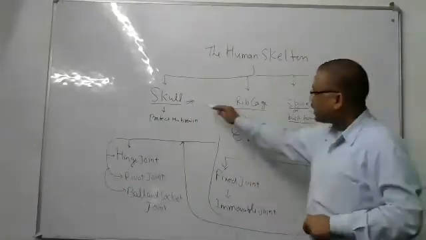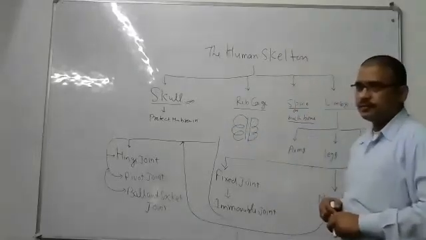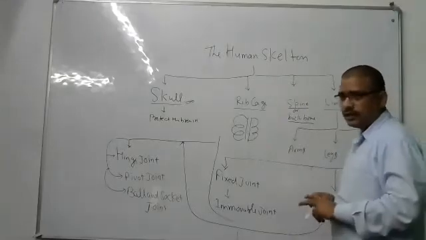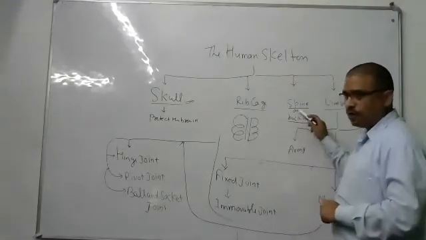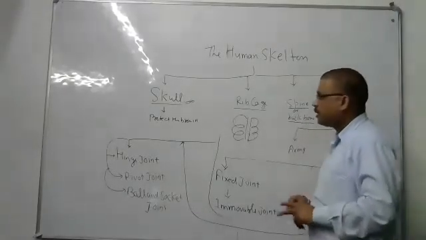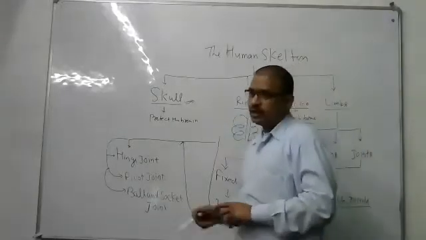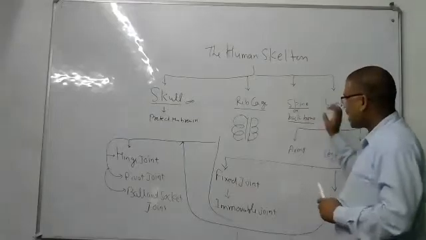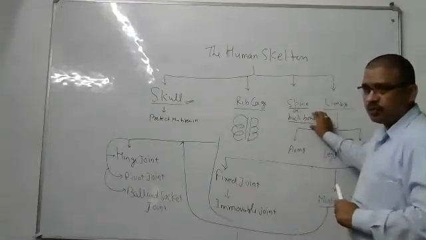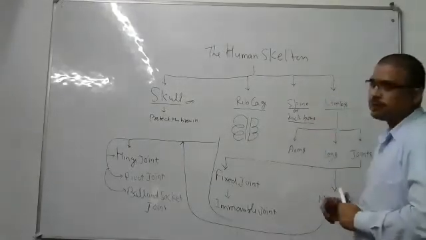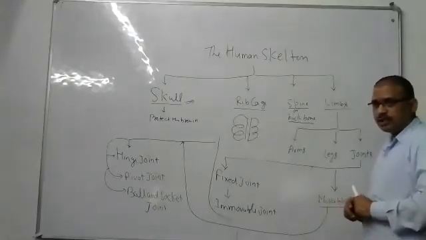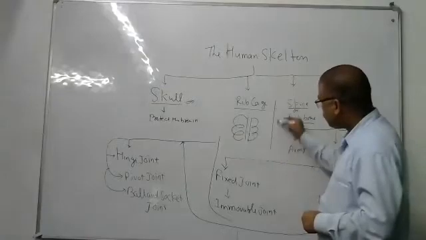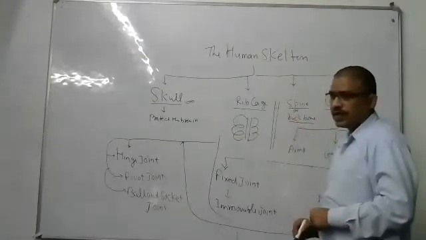If any problem takes place in the spine, that problem goes directly to the brain through the skull. So it is the spine, called the backbone, and it is also called the spinal cord. This is a part of the spinal cord, which is made of straight-line bones.